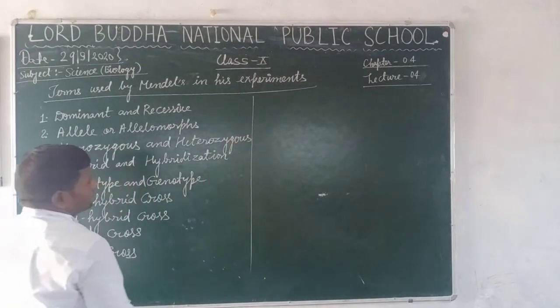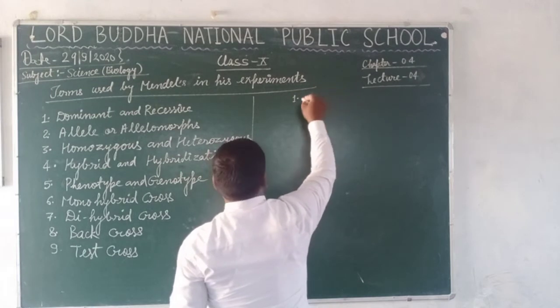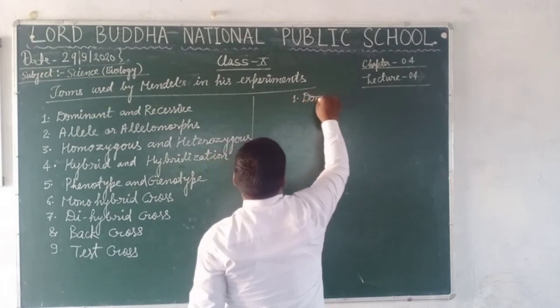First I take the dominant and recessive.